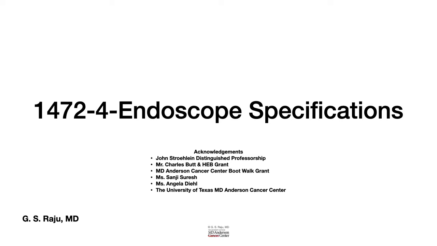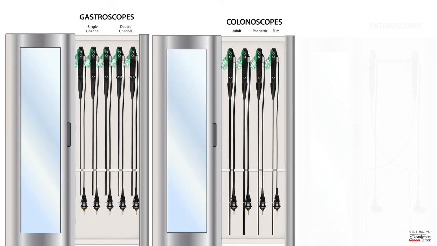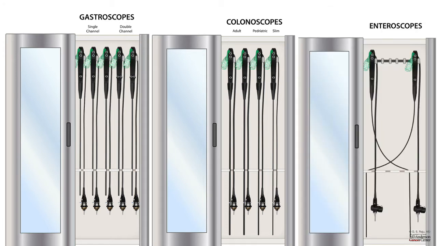In order to find out, all you have to do is walk into the endoscope storage area and look at the cupboards and see the differences between the gastroscopes, single channel, double channel, colonoscopes, adult, pediatric, and slim, and enteroscopes.